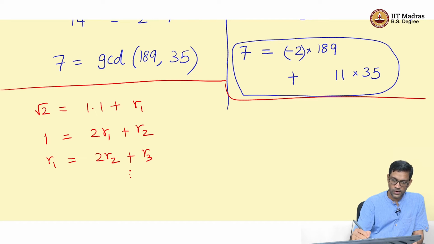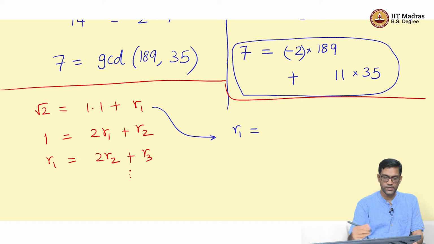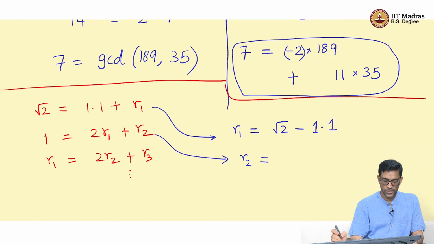Observe R1, from the first equation. What did we do in the 189 and 35 case? We tried to write everything in terms of the two original numbers. So, I will write R1 in terms of root 2 and 1 as root 2 minus 1 times 1. Okay, good. Now, I will go to the second step and write R2.